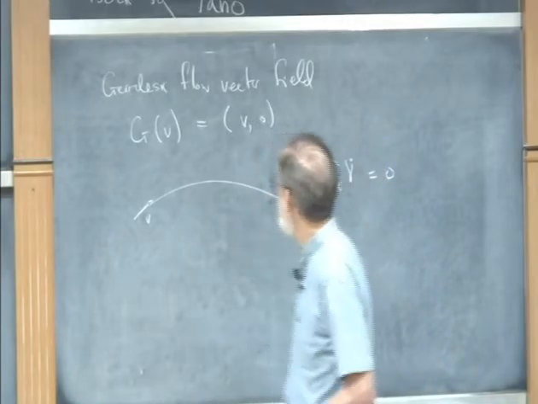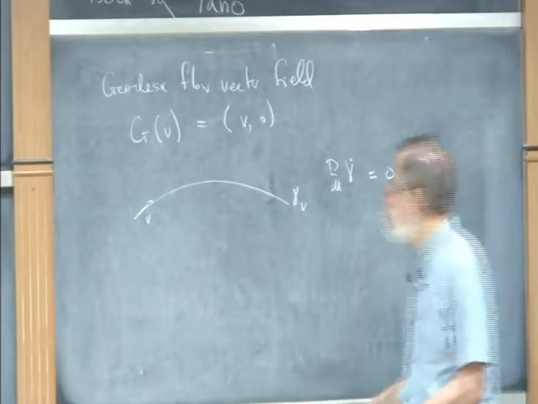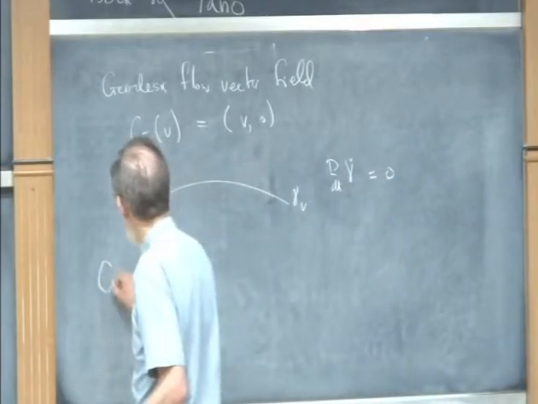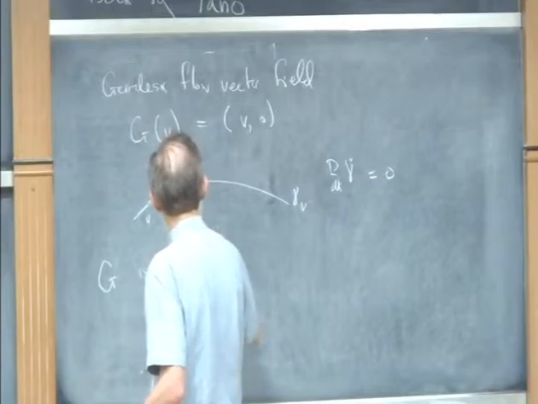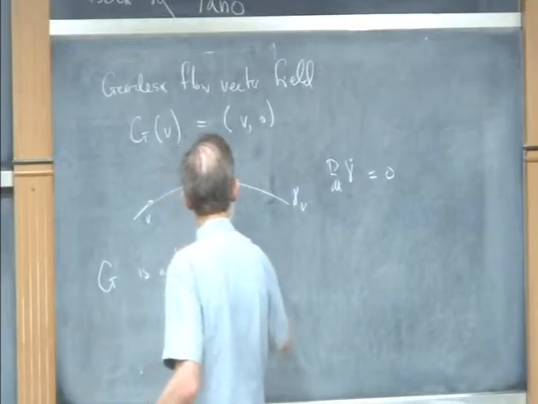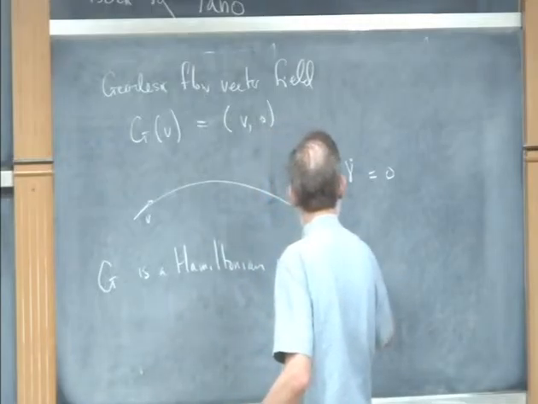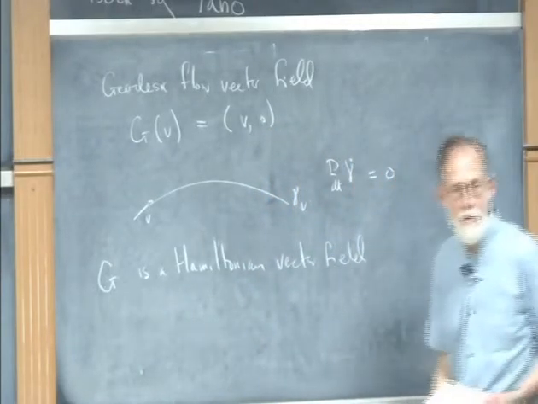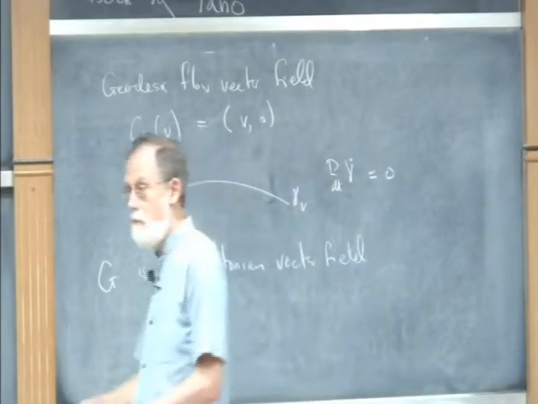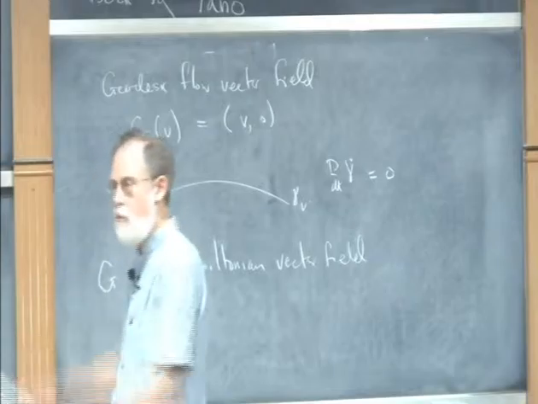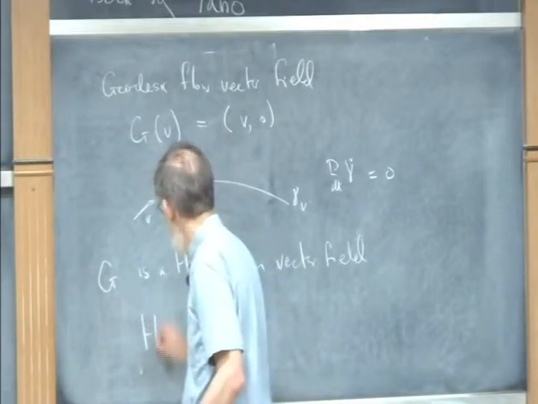So that's the geodesic vector field. And now G is a Hamiltonian vector field. So the idea of Hamiltonian vector fields is that you have a symplectic form, which we do, and then you have a function.